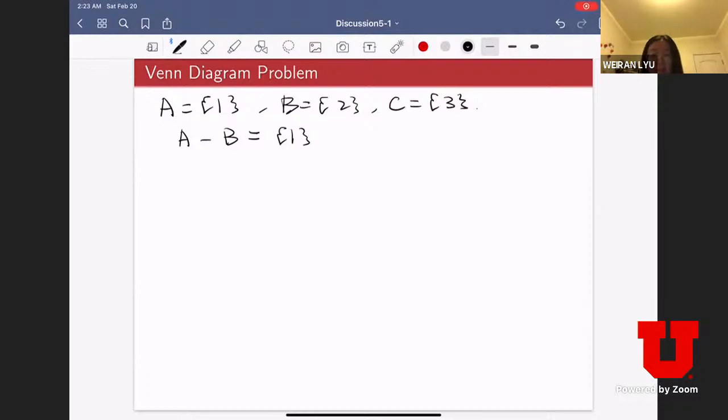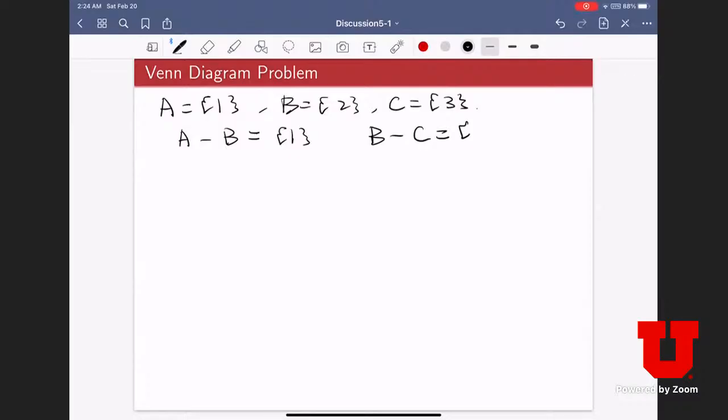And then we also want to check B subtract C. And what is that? Two. Yep. The same reason as A subtract B. And then if you take the union of these two, it should give us the set {1, 2}.